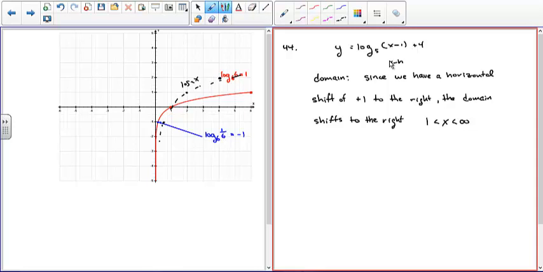We have x minus h, so h is equal to 1. That means we shift everything horizontally, including the vertical asymptote, and therefore the horizontal shift also changes the domain. It shifts to the right 1 unit. Then here we have plus 4, so that vertically shifts everything as well. Let's see how that works.